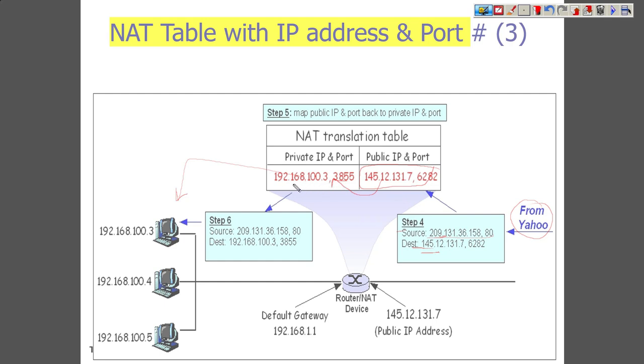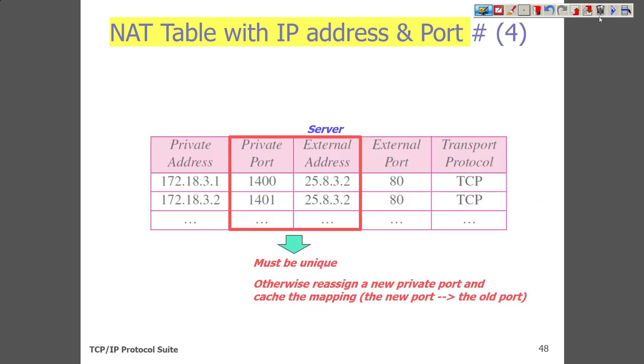Now we have to take a case when multiple entries are there, and see how this technique will resolve any clash. So let us take another example. Let's say there are two different host machines having these private IPs and running on these port numbers, and they want to connect to yahoo.com having this IP address and running on this port number.